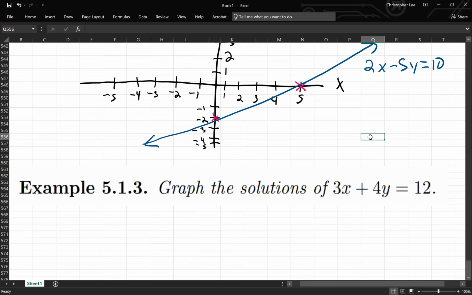3 plus 12, right, so we're gonna do the little x, y graph. And you said I can choose 0, so then this becomes 3 parentheses 0 plus 4y equals 12.